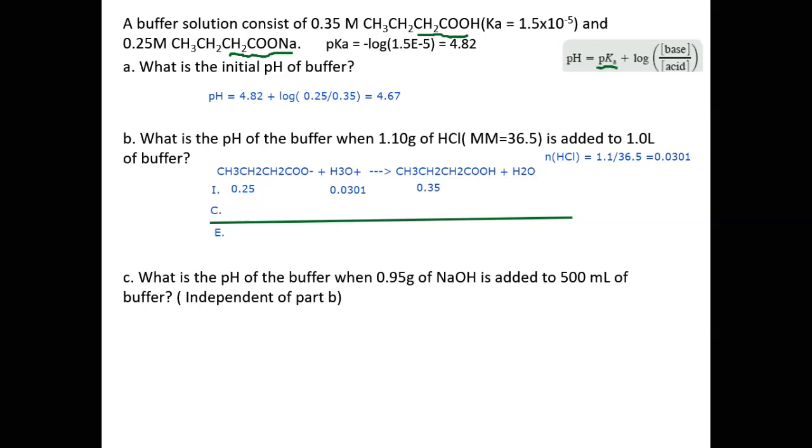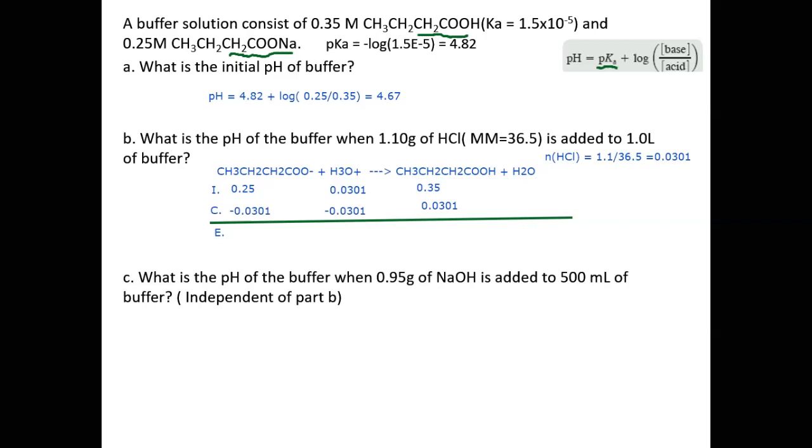So for the change, all the strong acid is going to react with the weak base, and then we're going to add it to the weak acid. So what's going to happen? All the strong acid is going to react with the conjugate base to form weak acid.